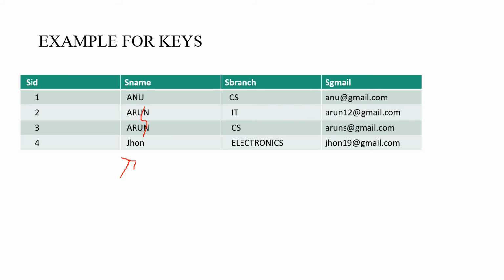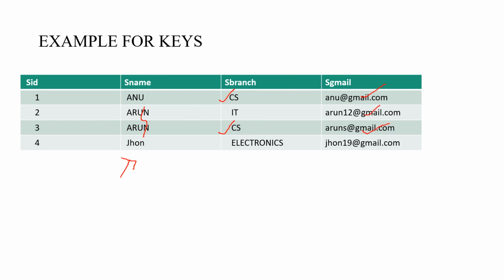So S name has duplicate values, or the same values are present here. S branch also has the same values, CS, CS. So it cannot be used as a key, but Gmail is a unique value.